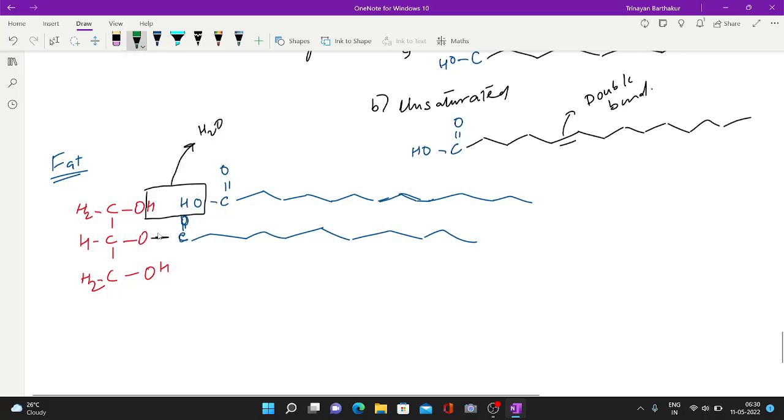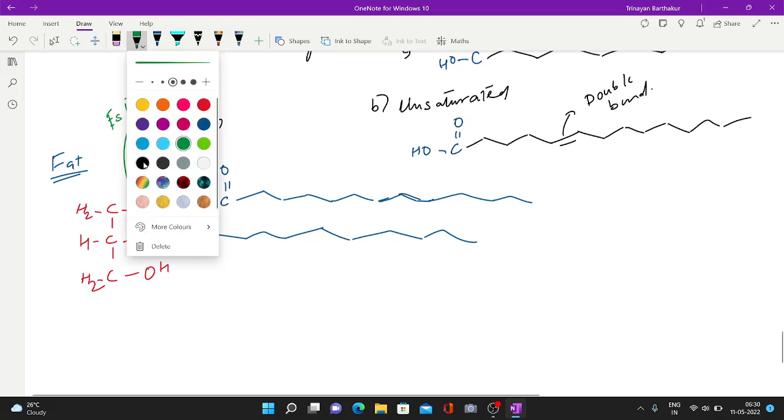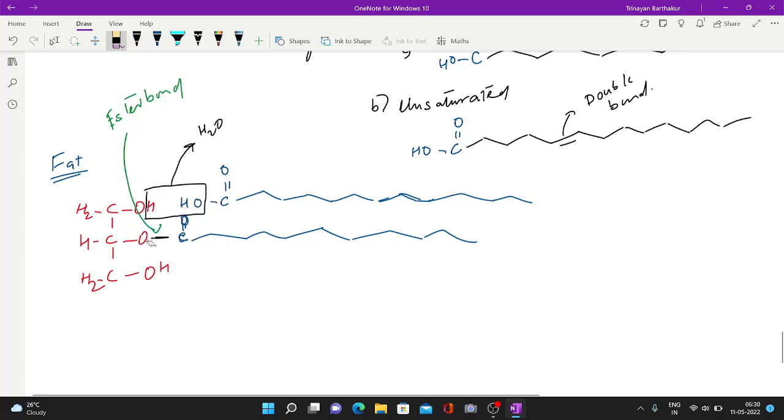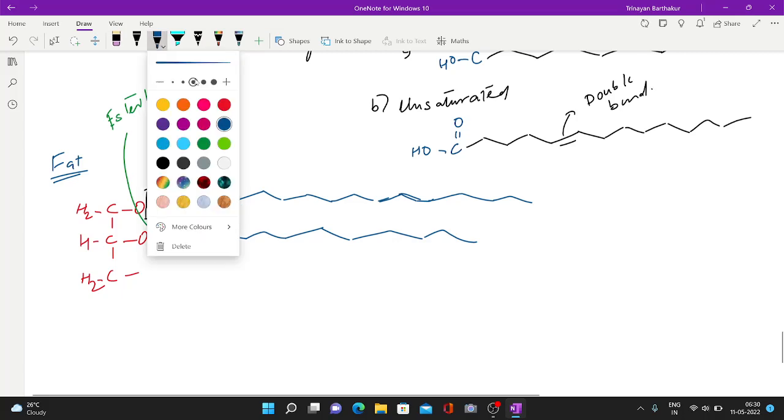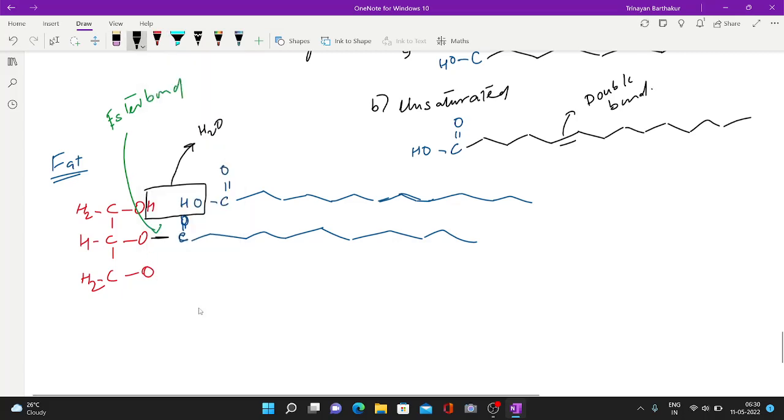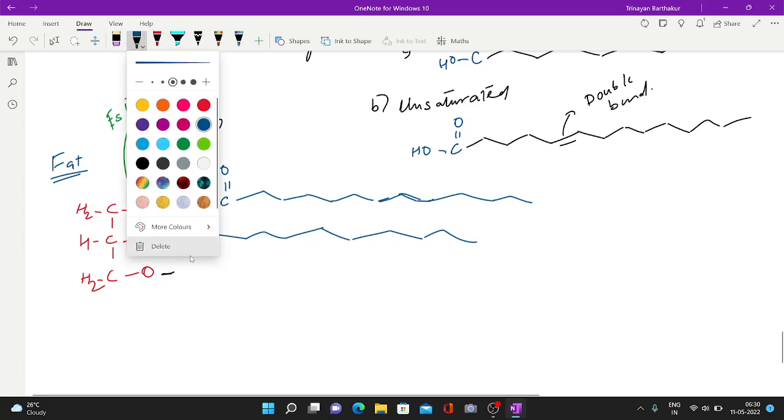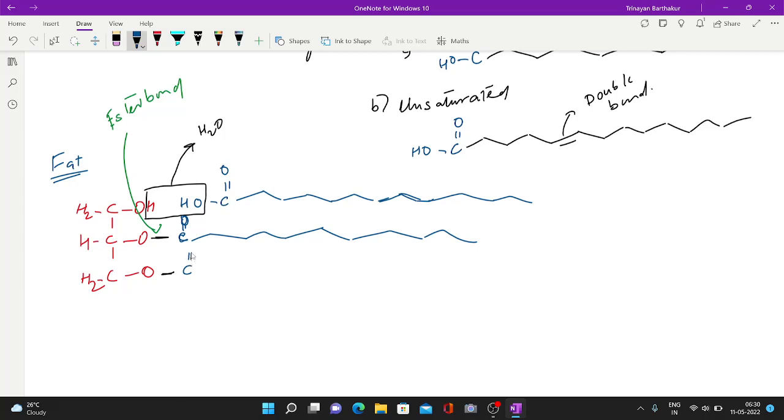This particular bond that has been formed is known as the ester bond. So all three carbons are going to form ester bonds with fatty acids.